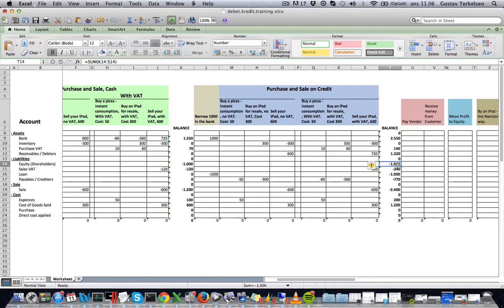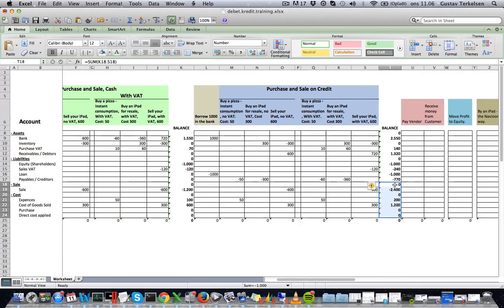The next thing here on the next account is the equity of our shareholders. It's not really the true value of the equity of the shareholders, because we also have to take into consideration these sub accounts to the equity, which is the profit and loss.